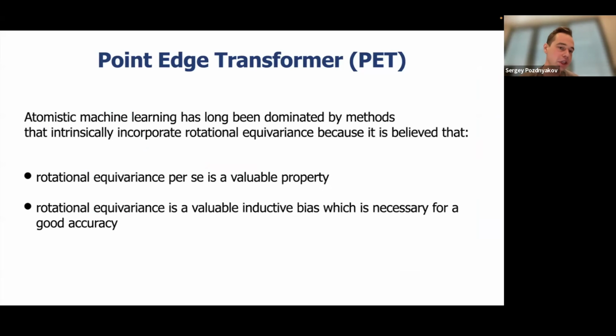From a very general point of view, atomistic machine learning has been dominated by models which intrinsically incorporate rotational equivariance because of two main beliefs. The first belief is that rotational equivariance per se is a must-have property for practical simulations. This concern I addressed in the previous part of my talk about the symmetrization scheme.